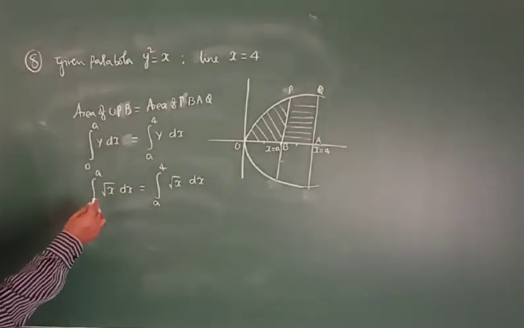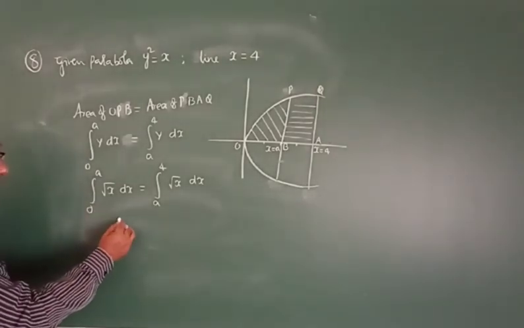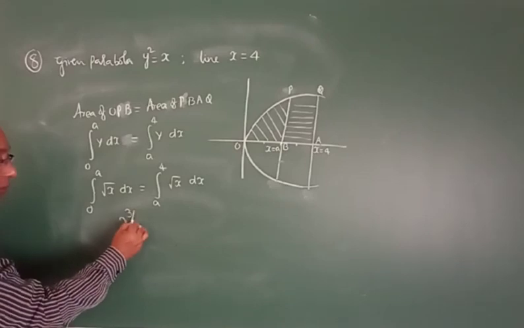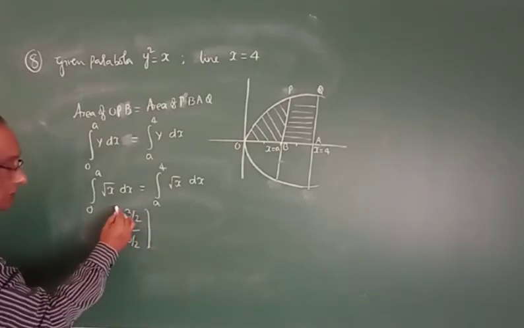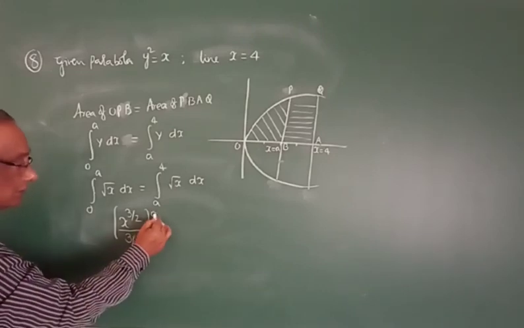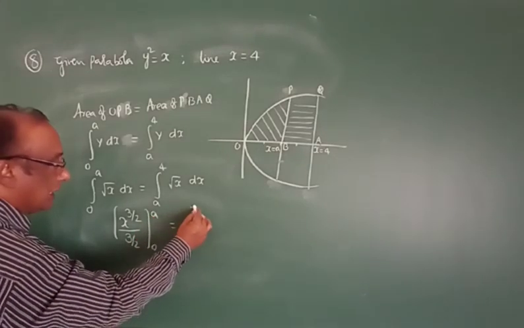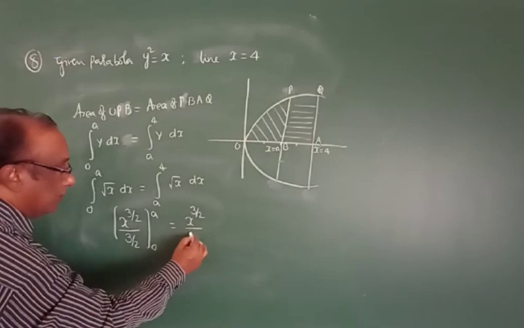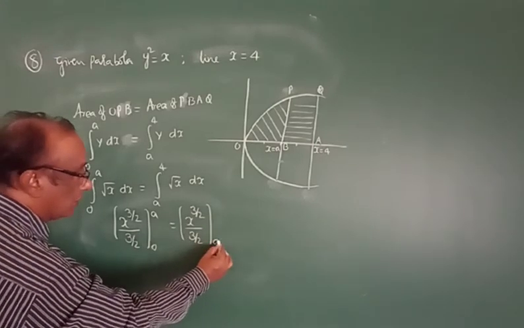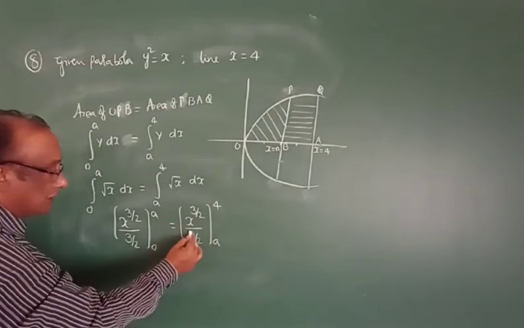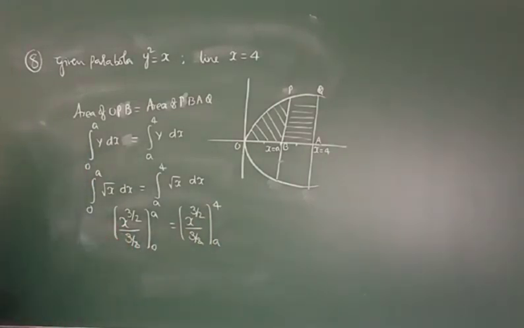Root x indefinite integration is x power of 3 by 2 by 3 by 2. Limits are 0 to a, and limits are a to 4. Here constant 3 by 2 is cancelled.